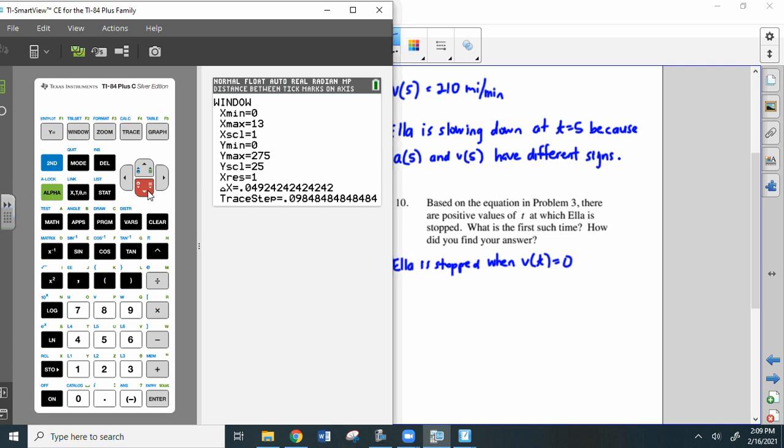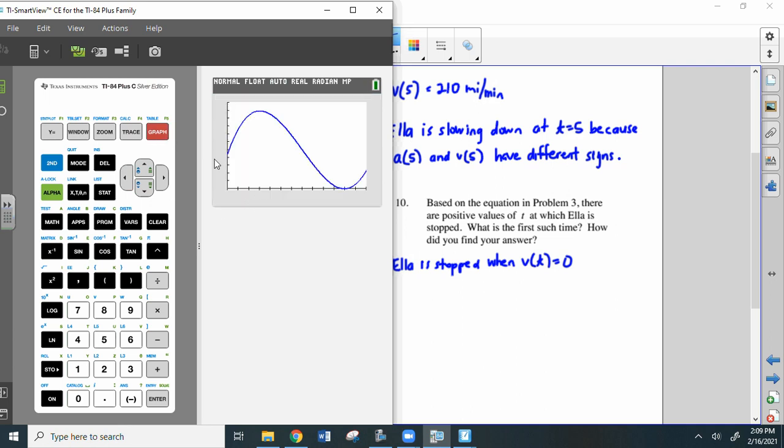Hopefully, it looked like it happened right there at the corner, but we'll go a little bit extra. And then for the y minimum, just to make sure that we can go below and above, let's make it negative 10 or 5, okay? And go back to our graph. All right, so it just gives us a little bit more to look at, and we can definitely see that it becomes 0 in here.